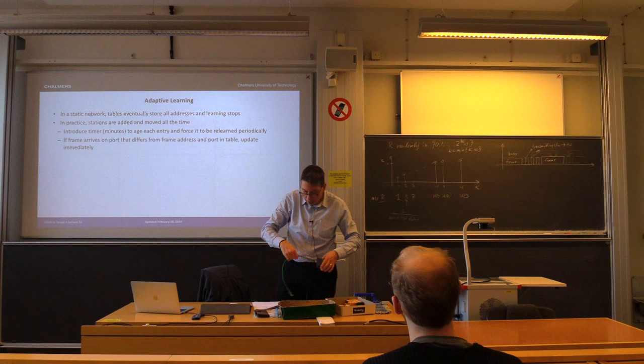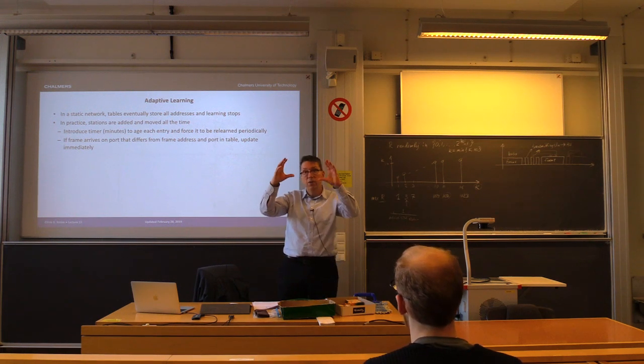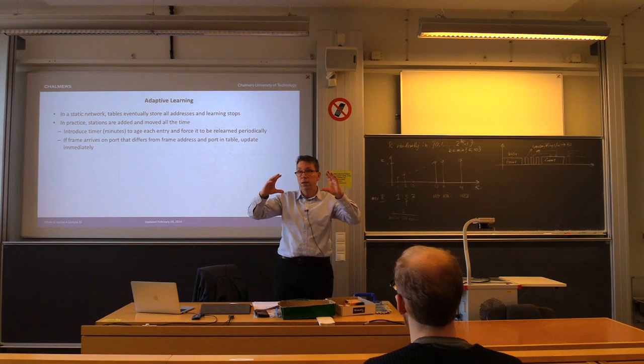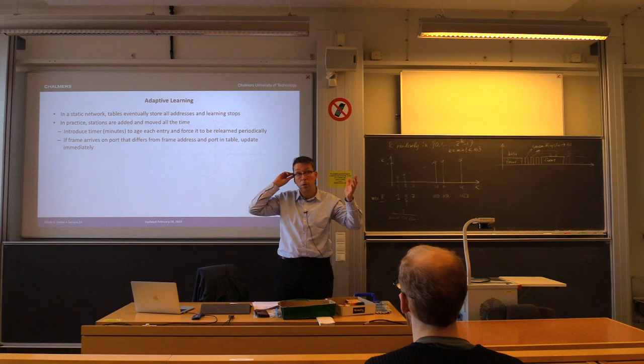So in practice, there are timers associated with each of the entries in the table. So if I haven't heard anything for some time, then I scratch out that part of the routing table.